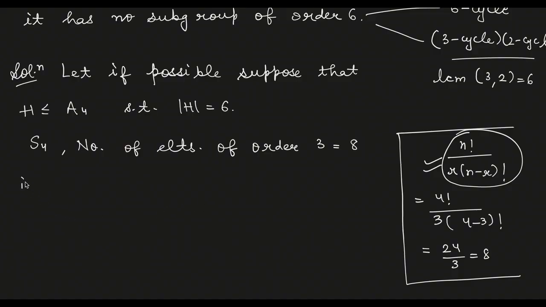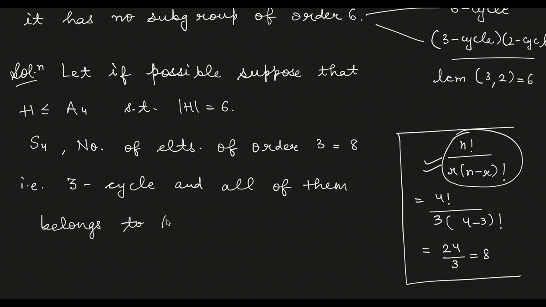That is, 3-cycles, and all of them belong to A4. Let a belong to A4 such that the order of a is equal to 3. This is arbitrary.